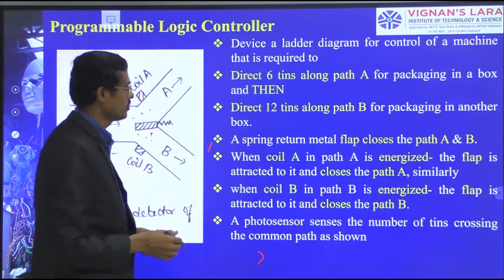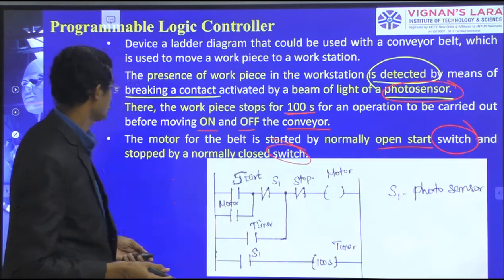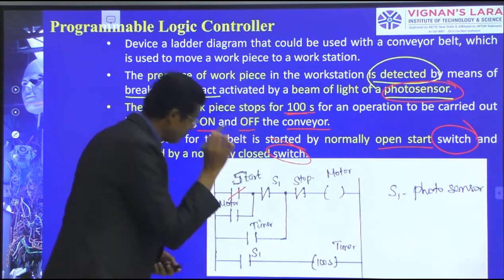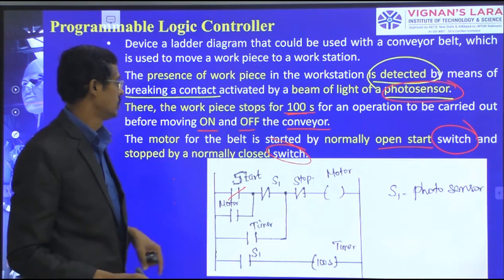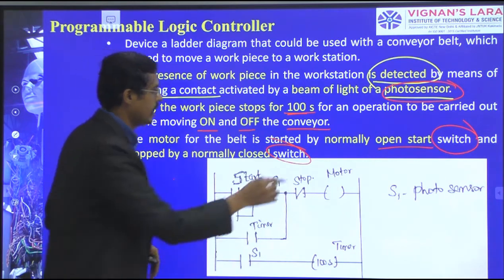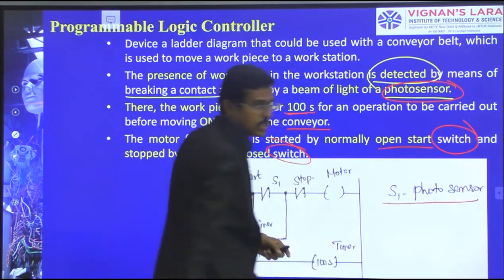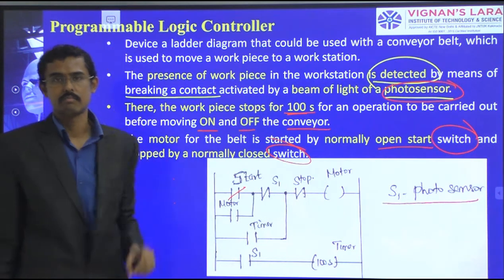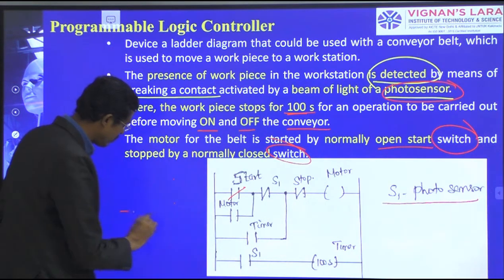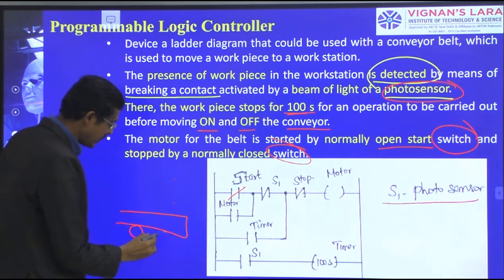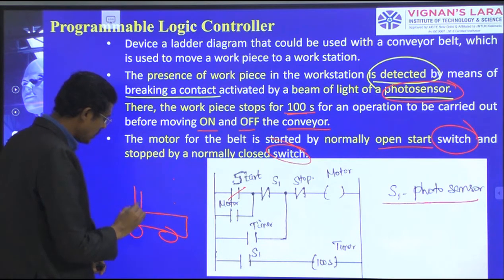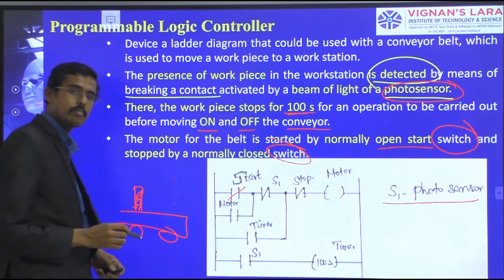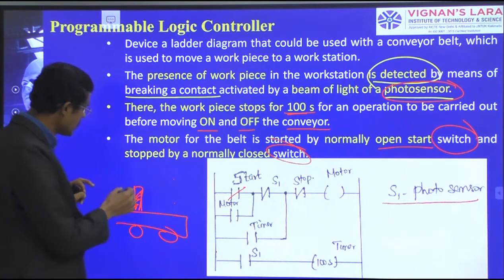Now what I am doing, you see, I have pressed start, and S1 is a photosensor which is going to detect the object from the conveyor belt, which is going to rotate. The object comes here, and therefore the sensor detects it.